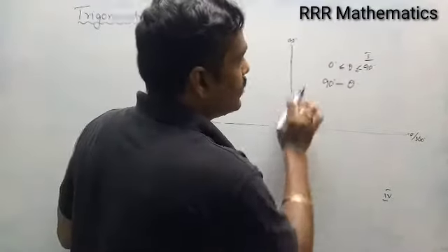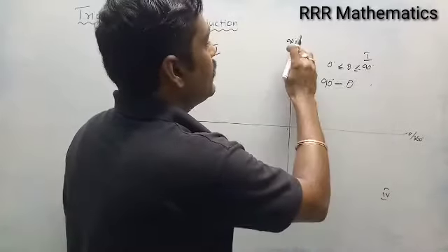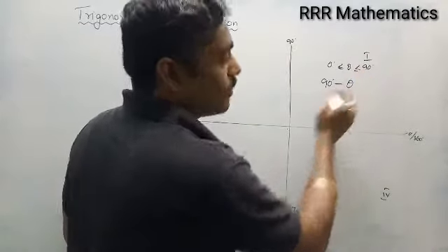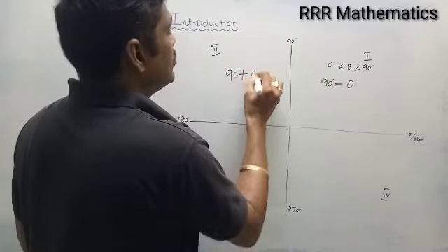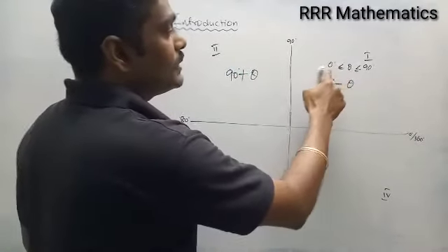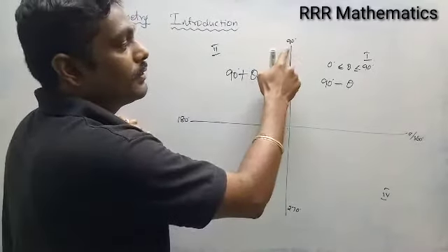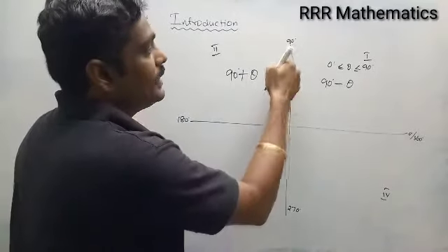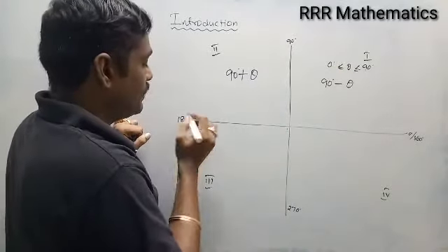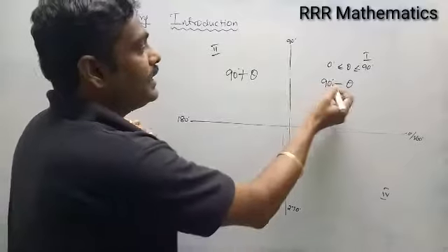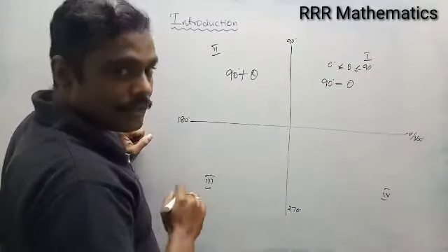If I take 50 degrees, 90 minus 50 is 40. So 90 minus theta lies in the first quadrant. 90 plus theta lies in the second quadrant because theta is 0 to 90 degrees. If you take a small angle like 1 degree, 90 plus 1 is 91. Maximum, when you take 89, it will be 179. So 90 minus theta lies in the first quadrant and 90 plus theta lies in the second quadrant.